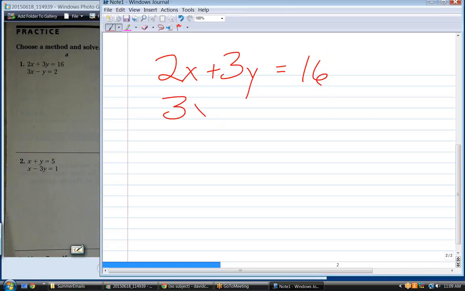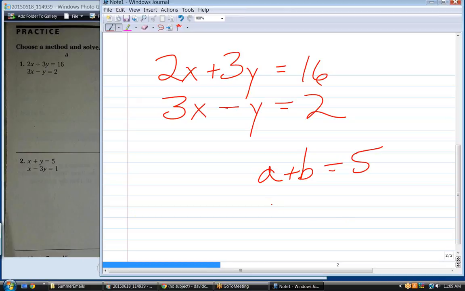Now, in algebra, you can always add any two equations. In other words, if I said a plus b equals 5 and x plus y equals 7, then I can add or subtract these two equations.